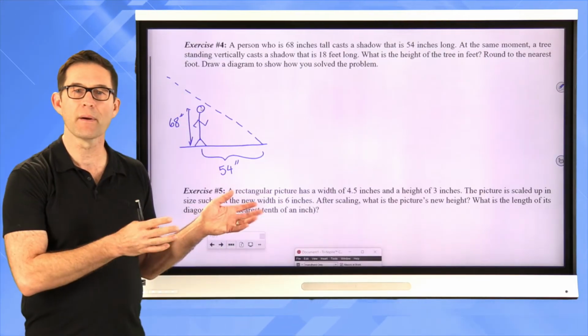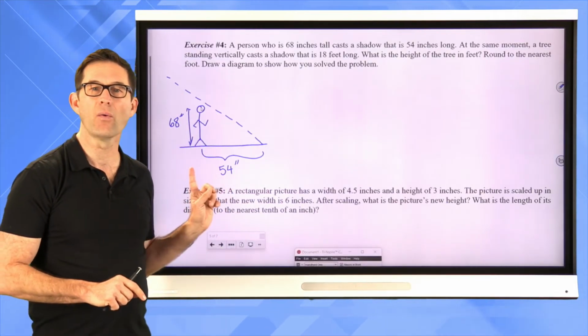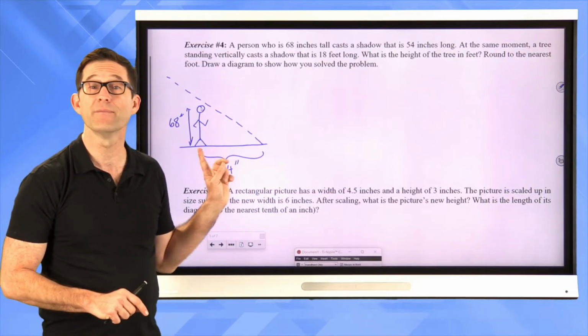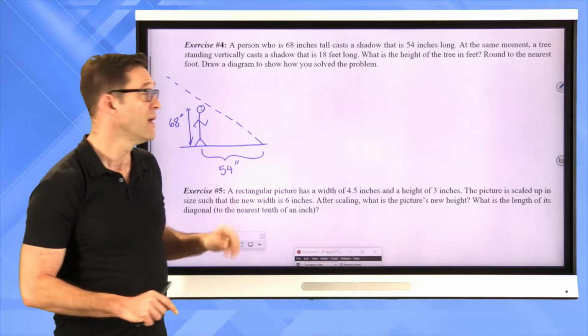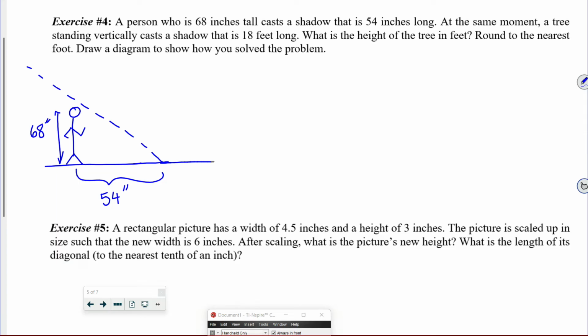Okay, so I got my person 68 inches tall with a shadow on the ground, 54 inches long. Now at the same time, all right, we've got a tree. Must be the middle of winter. All right, whose height I do not know, so I think I'll call that H.